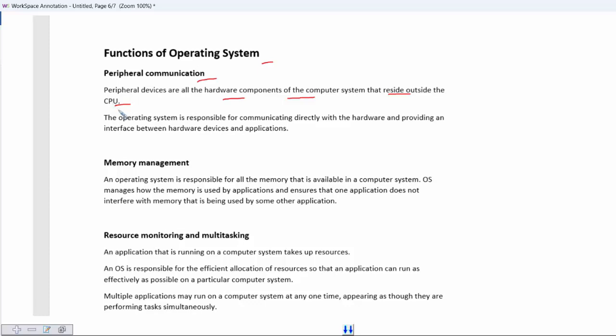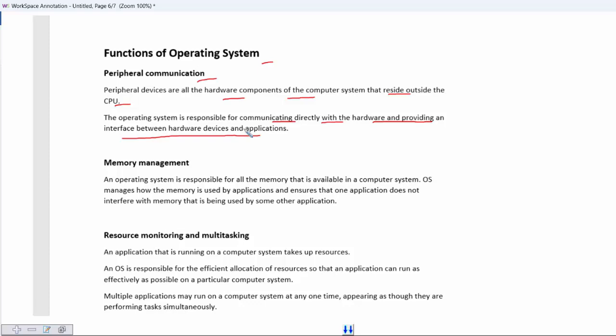And the operating system is responsible for communicating directly with the hardware and providing an interface between the hardware devices and the application. This also allows applications to use hardware devices in a trouble-free manner.